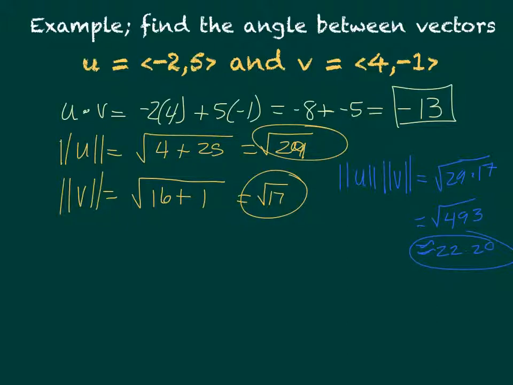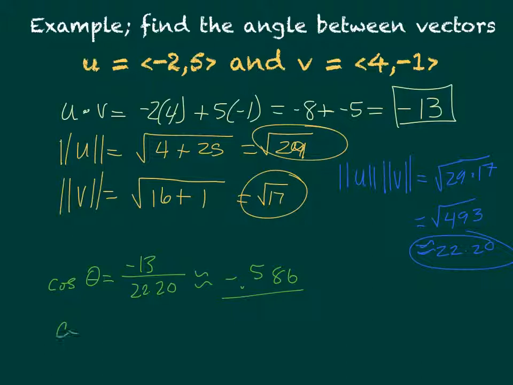Alright, and now we're going to put that together to actually find our angle. So the cosine of theta is equal to the dot product, which is -13, over the magnitudes multiplied together. So that would be 22.20. So if I divide those out, then I get approximately -0.586.